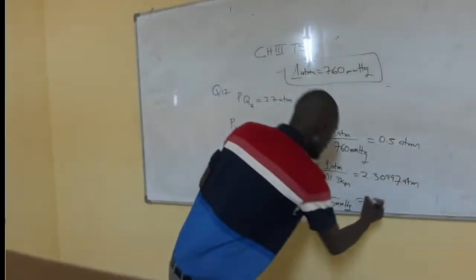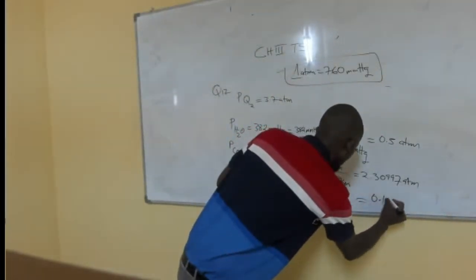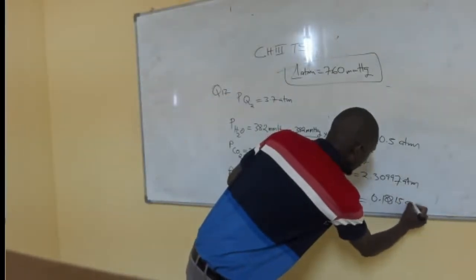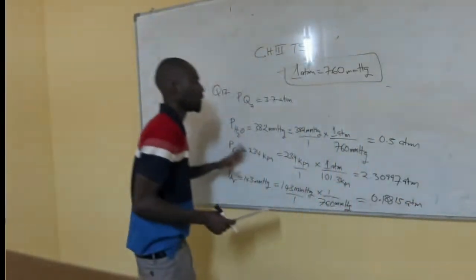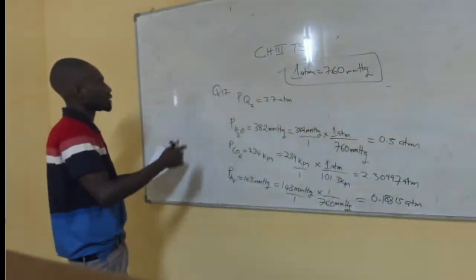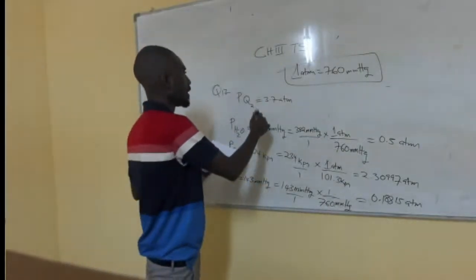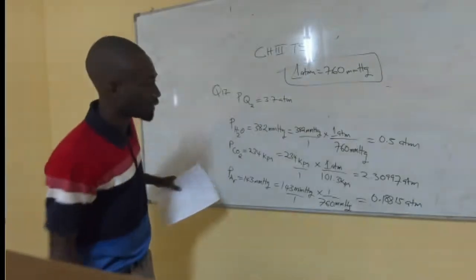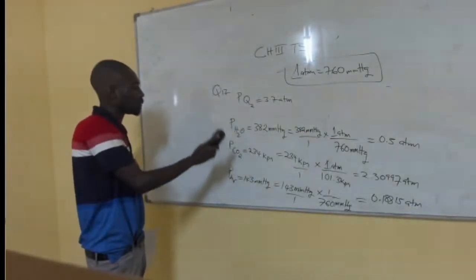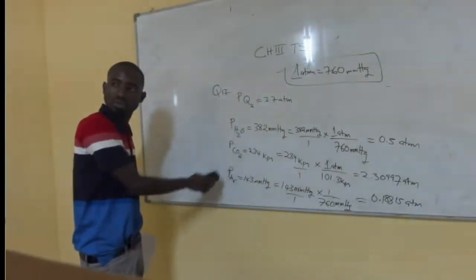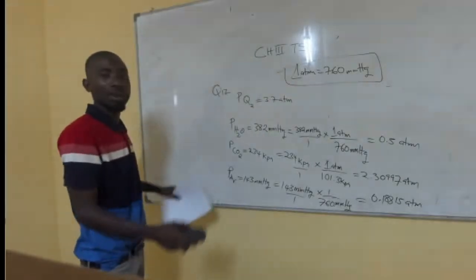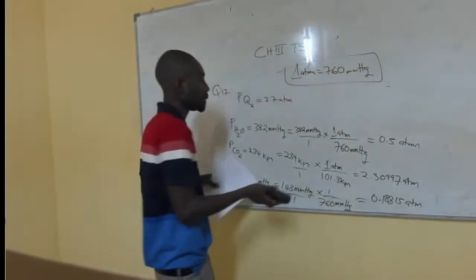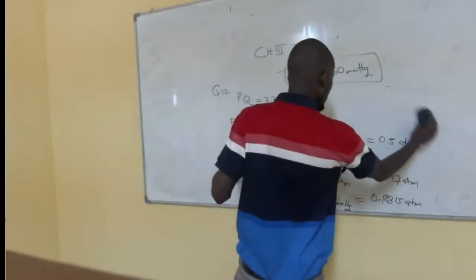This one should give us 0.18815 atmosphere. So once you have gathered, if you have observed, we have solved for water, carbon dioxide, and argon. So now it's a matter of adding, then it will be done for the day.